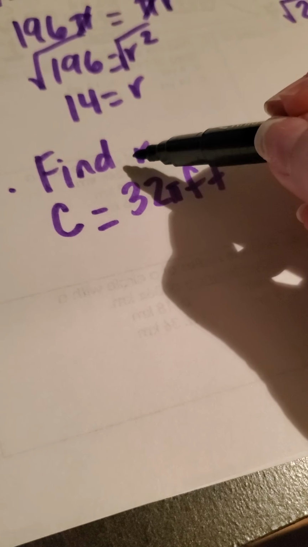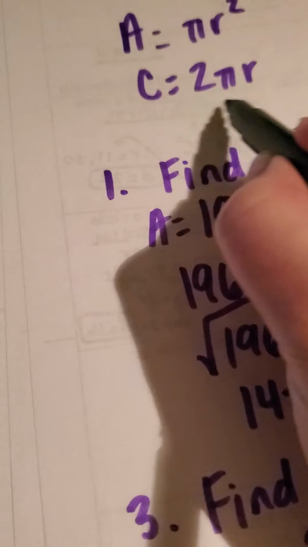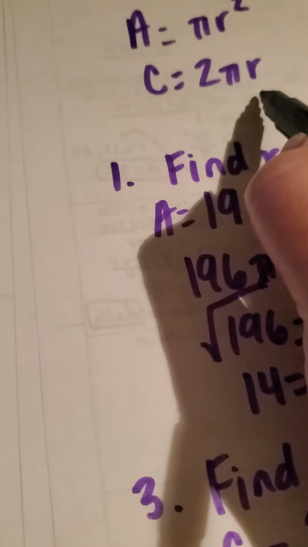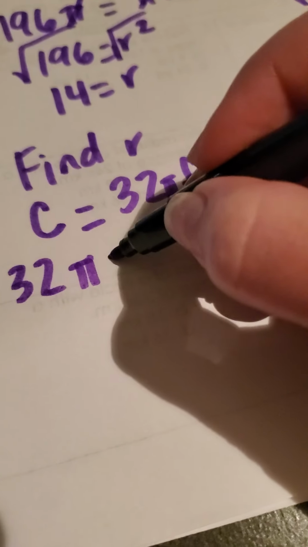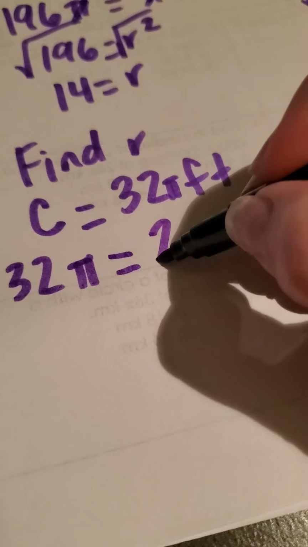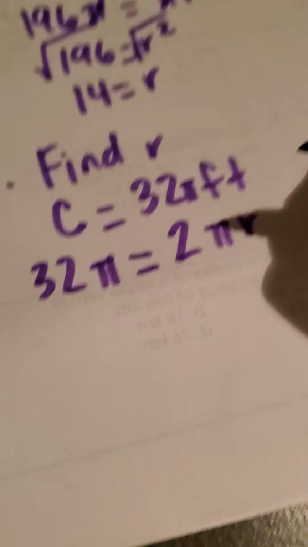So this time I know circumference, I want radius. I'm going to use this formula for circumference that has the radius. So I know the circumference is 32 pi is equal to the formula 2 pi r.